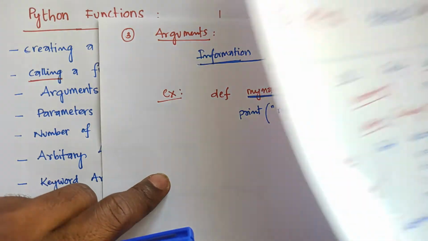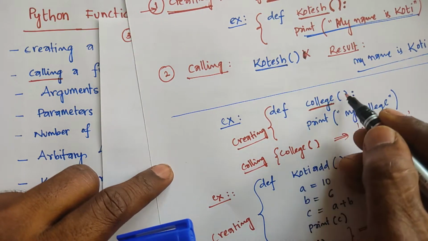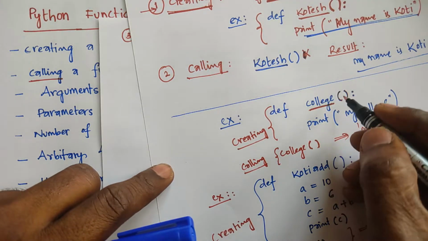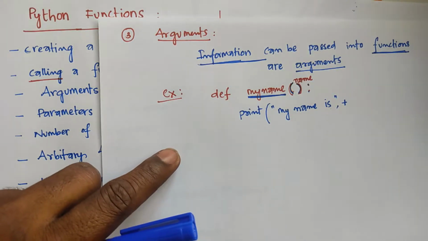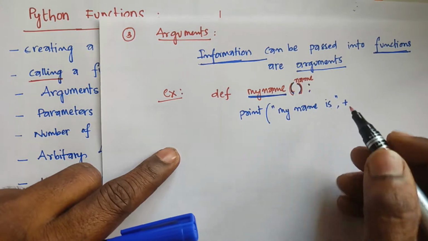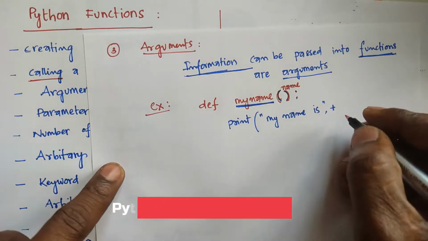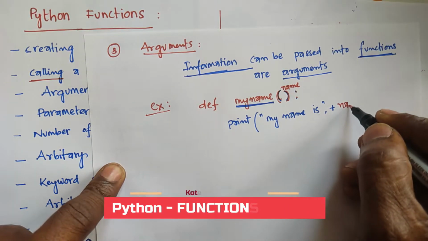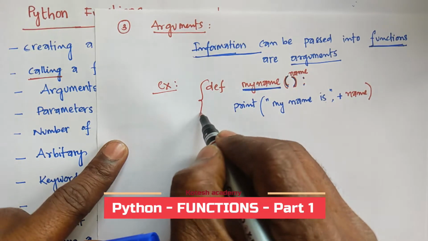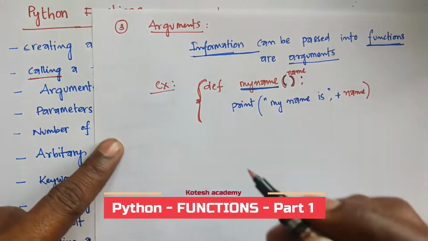In the previous example we did not add any variable name, but now I am adding one: my name of name, colon. Now I am writing the same variable name in the print. This is my creating function, and this is my calling function.